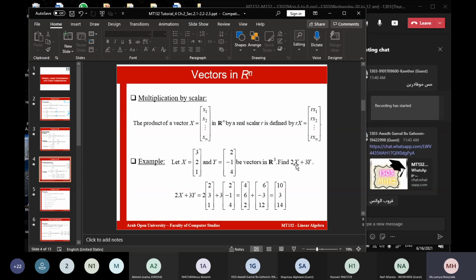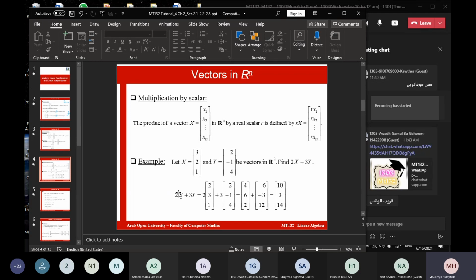If we want 2x plus 3y, this one you multiply by 2 and this one you multiply by 3, and then add up. So it's going to be 6, and here 2 times 2 is 4, correct? And then you add up. Here this one you multiply by 3, so you get this. After that we add 4 plus 6 is 10, 6 minus 3 is 3, and so on, 14.